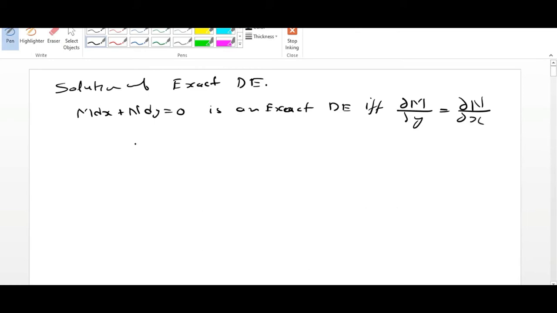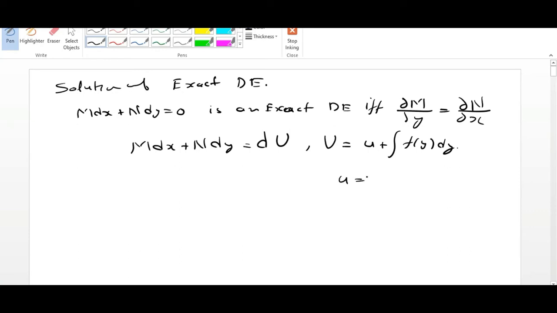Moreover, we find that this M dx plus N dy is equal to capital dU. And here this capital U is equal to small u plus integral of f(y) dy. So these are the observations, and we also know that u is the integral of M dx treating y as constant.